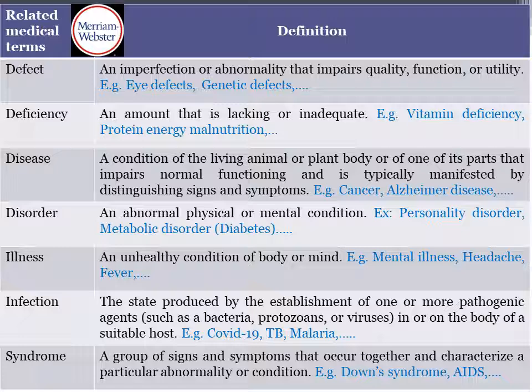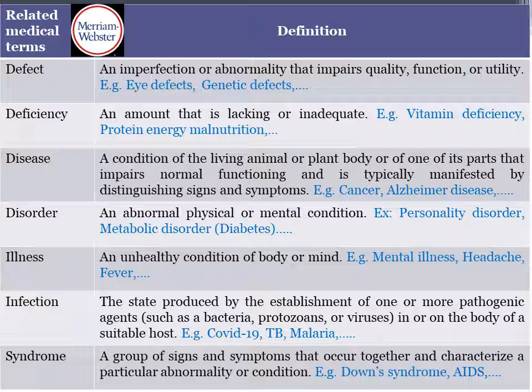Next, coming to disorder. Disorder is when something is not normal, an abnormal physical or mental condition. At home, if something is out of place, we call it a disorder. In a similar way here also, it is a deviation from normalcy. It can be mental, as I said, like a personality disorder.